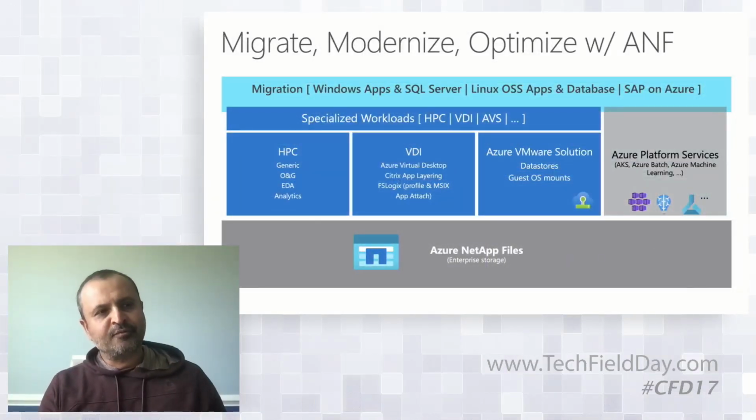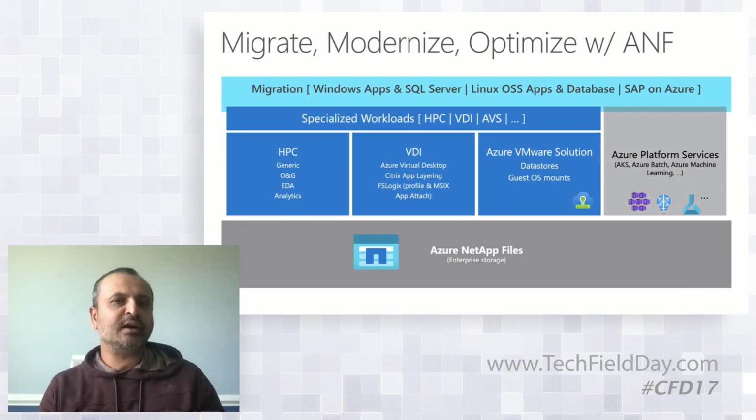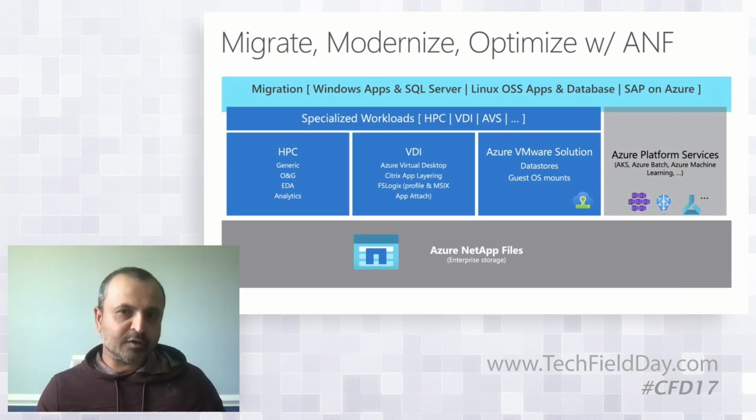Another tenet of Azure NetApp Files, as we defined, was to bring to customers a workload experience. ANF, we believe, is not a buffet of features, but a curated experience focused on the workloads we collectively want to go after.